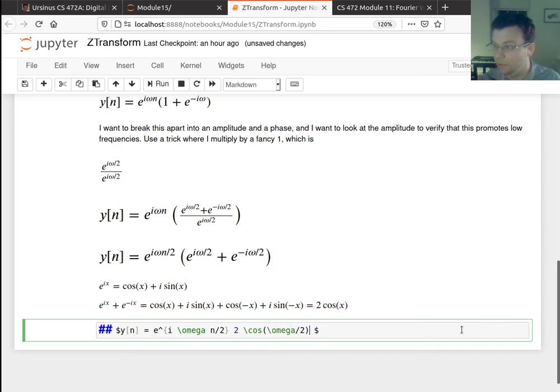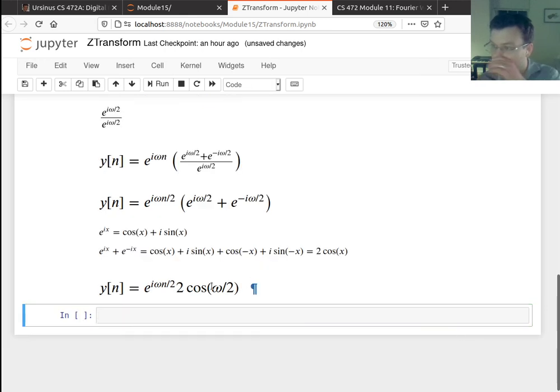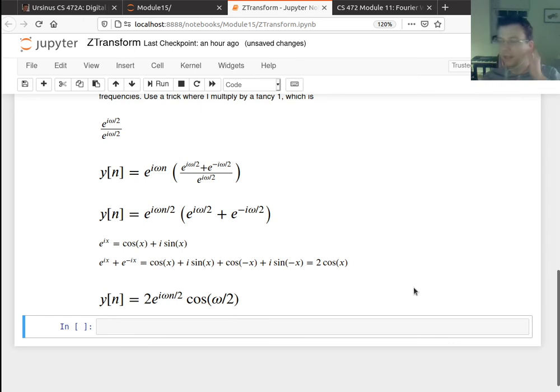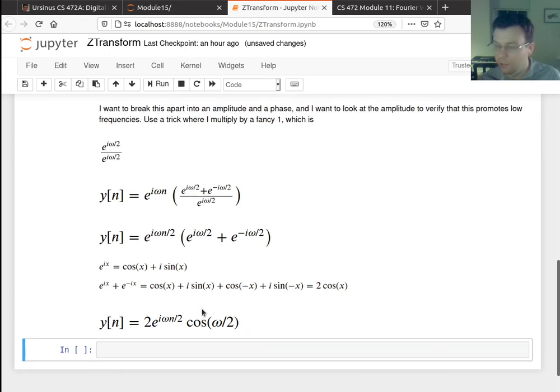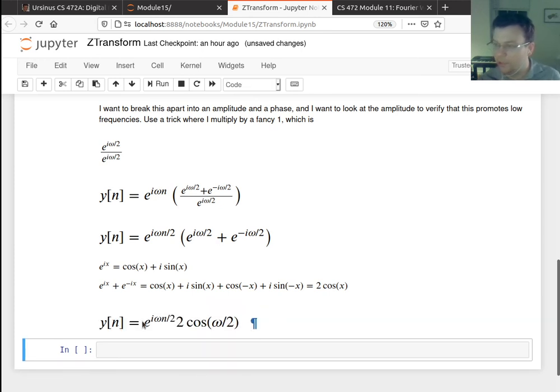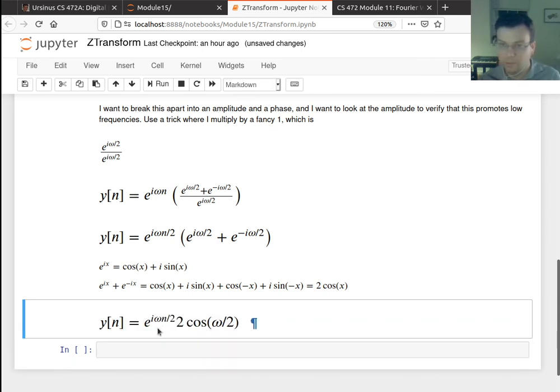Okay, that is pretty interesting. Now I've got an equation where I can clearly see a separation between phase, here's my complex number which represents the phase, and amplitude. So here's my expression for the amplitude.